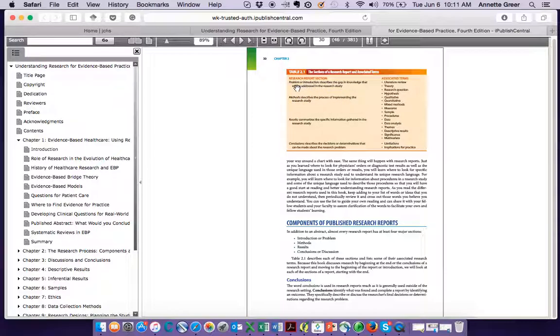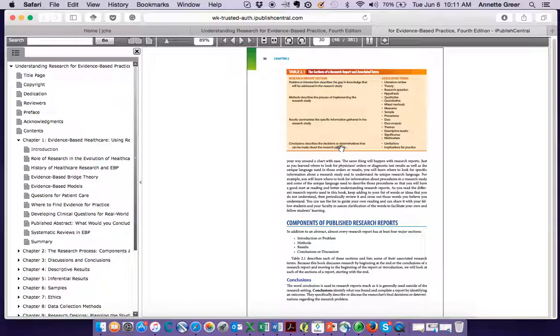Here's your definition. Problem or introduction describes the gap of knowledge to be addressed. Know that that's going to be on your exam. Methods describe the process of implementing the research study. Results summarizes the specific information gathered in the research study.